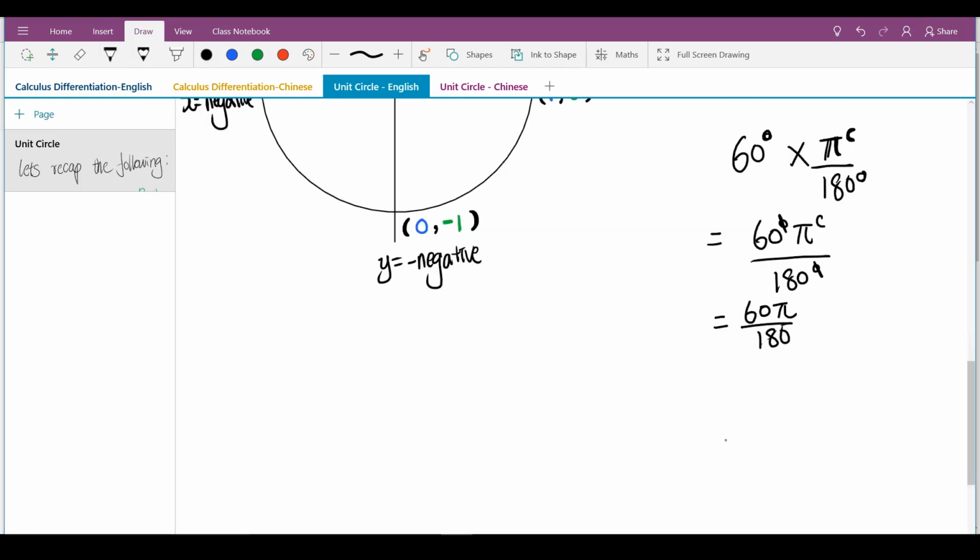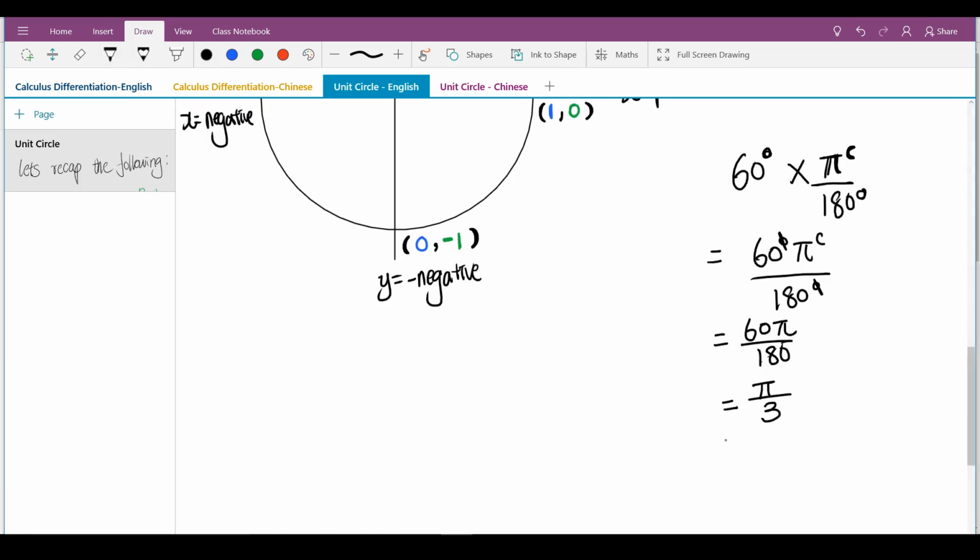And 60 over 180 is just 1 over 3, so it's literally pi over 3. Since the degree unit is gone, the 1 over 3 is just a ratio, and whatever unit is left is the radian. So that's how we convert it.